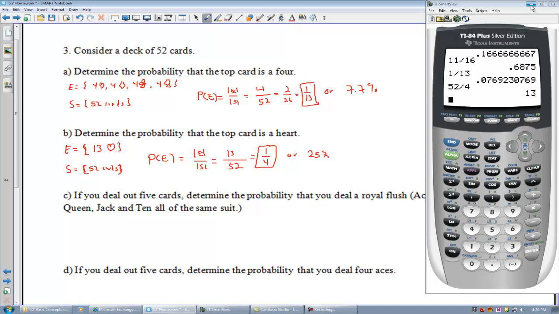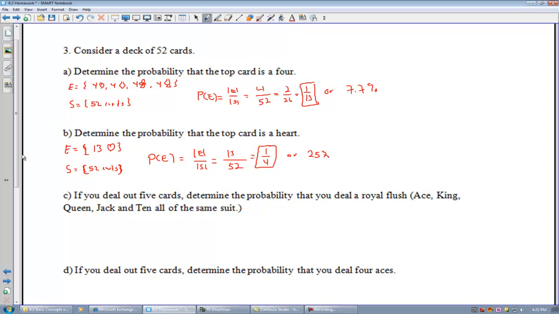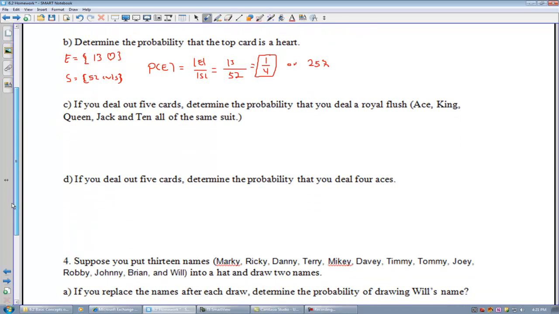All right, let's look at the next one, part C. It says, if you deal out 5 cards, determine the probability that you deal a royal flush. So E is equal to all the possible royal flushes. A royal flush is an ace, king, queen, jack, and 10, all the same suit.